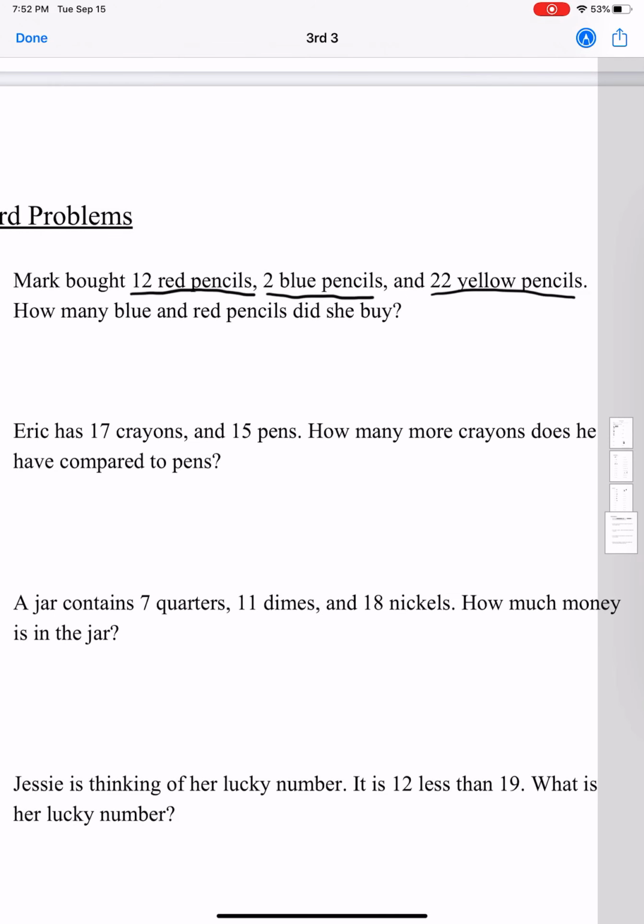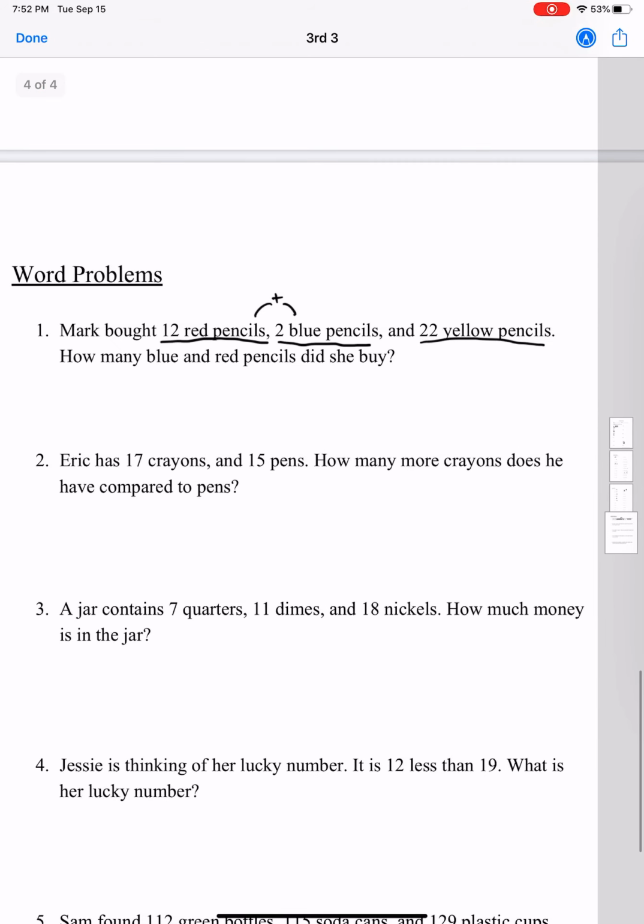So the question is asking you for the number of red and blue pencils, which means you would have to add these two numbers. And so there are 12 red pencils plus 2 blue pencils. And so that would equal 14 blue and red pencils.